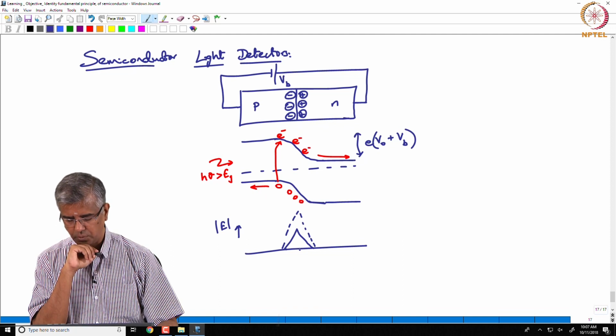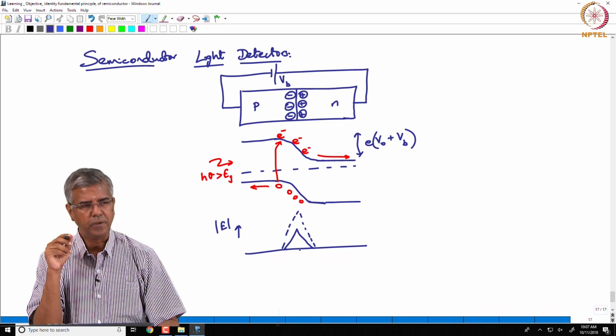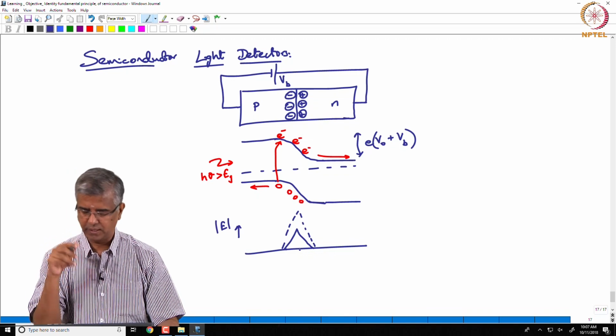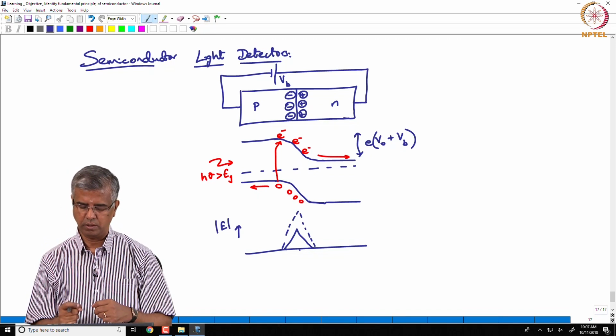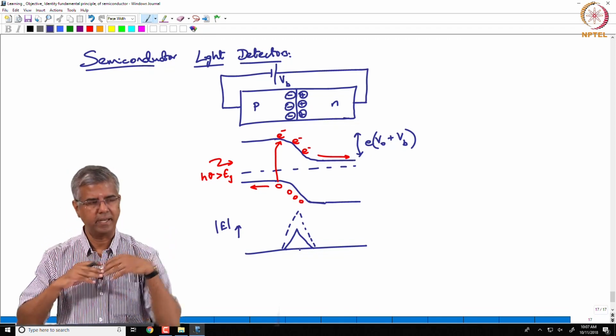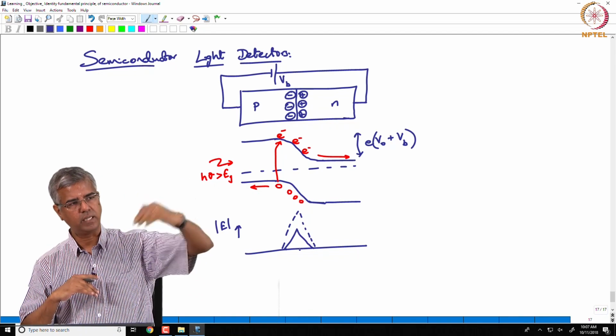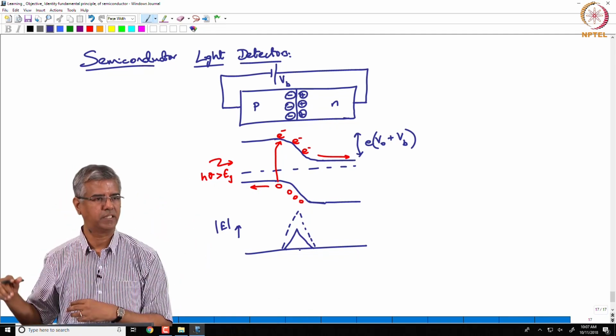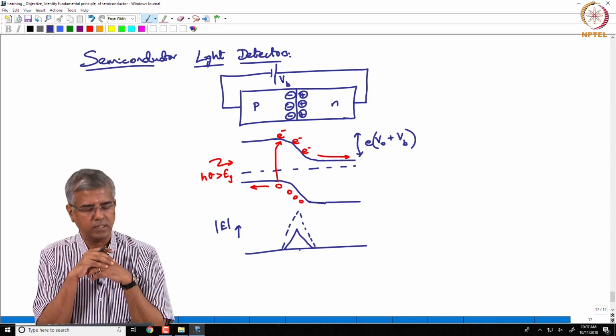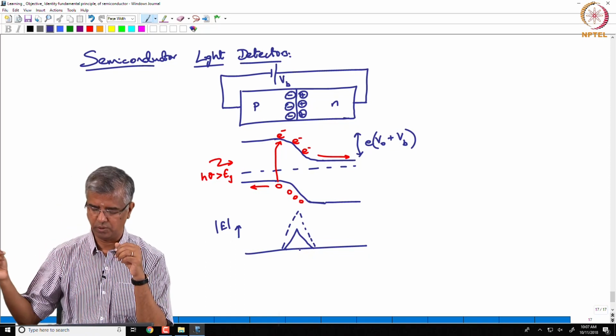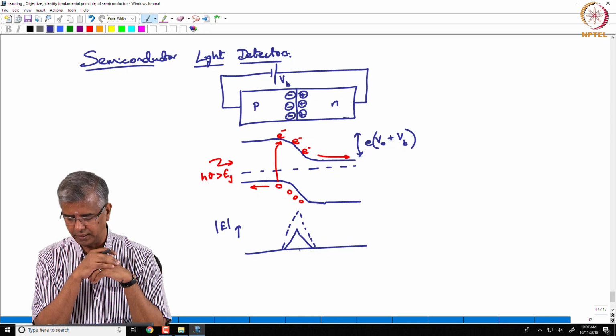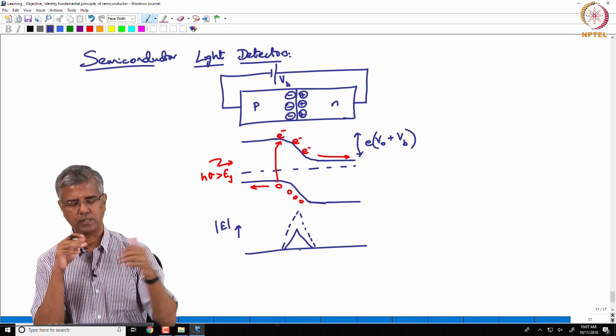Okay. So, one obvious effect of that is, you have a much larger barrier height. So, the electrons actually flow faster across the junction, electrons flowing towards the right side and holes flowing towards the left side.